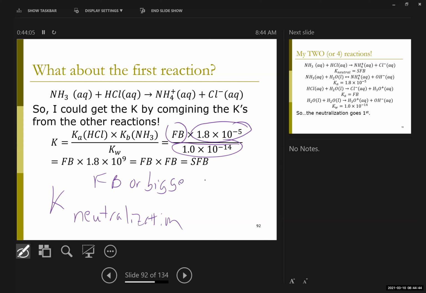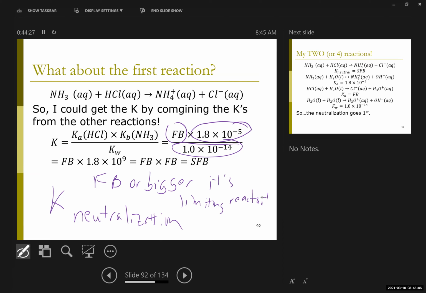But if it's frickin' bigger, it's really a limiting reactant problem. Because the reaction is essentially going to go to completion. So I don't really need the number for it because I don't have to solve the K equation because it's now really a limiting reactant problem.